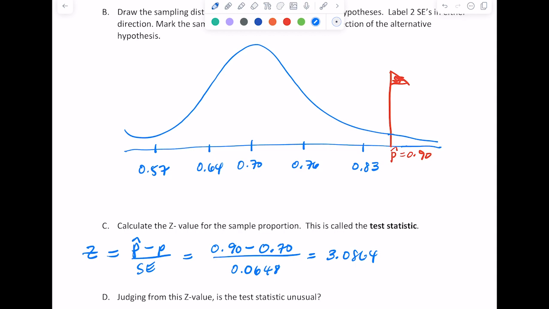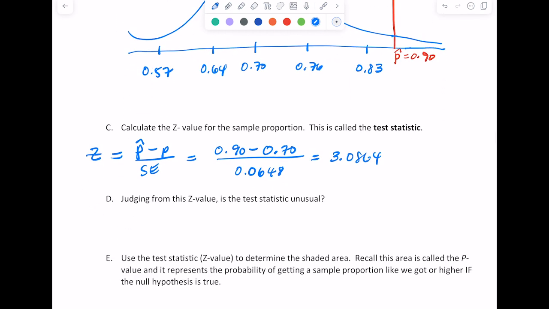So you can predict now, would you end up rejecting the null or not rejecting the null? If you said rejecting, you're correct. It's because it's more than 2 standard deviations away from the mean. And it is very unusual that you would see a sample proportion of that size or more extreme. So judging from the z-value, is our test statistic unusual? And the answer is yes, it's more than 2 standard errors away from the mean.